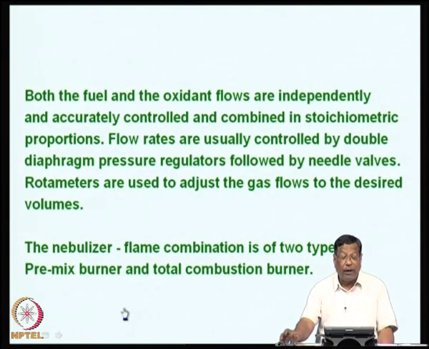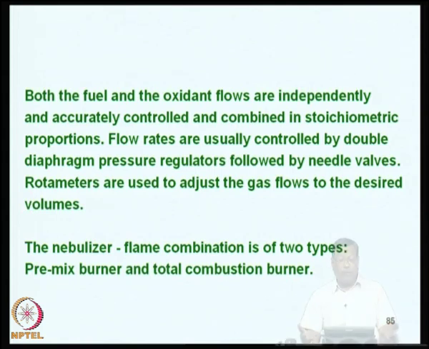So, both the fuel and oxidants are independently and accurately controlled. You have to control the flow rates very accurately, and you can combine them in stoichiometric proportions to light the fuel. And when you light the fuel, you need oxygen. So, we call the other gas, that is the auxiliary gas, the oxidant, and it can be air or nitrous oxide or something like that.